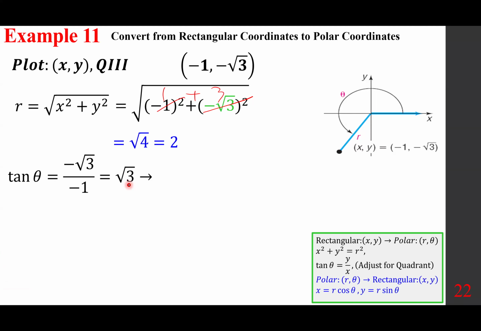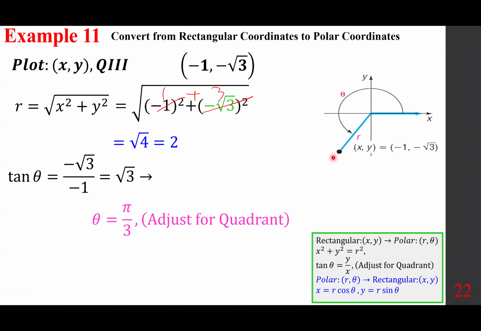The answer is pi over 3. However, you have to adjust for the quadrant. Remember, tangent is positive in the first and the third quadrant. And this belongs to the third quadrant. Just look, that's why you graph, plot the point to make sure you know the location.